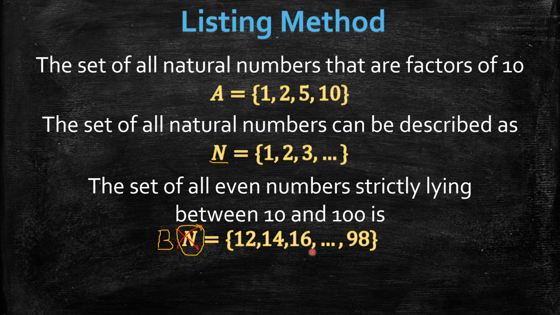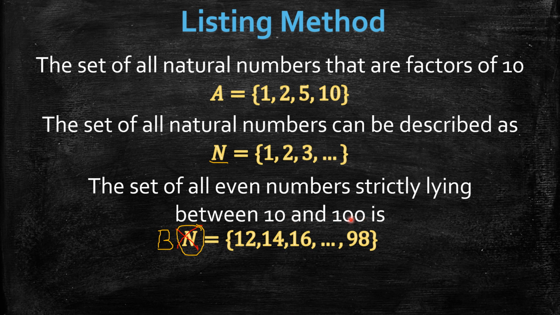And I have to write the last element. Remember one thing, here strictly lying between means I have to exclude 10 and 100 themselves. Strictly lying between two numbers 10 and 100 means 10 and 100 are not included.